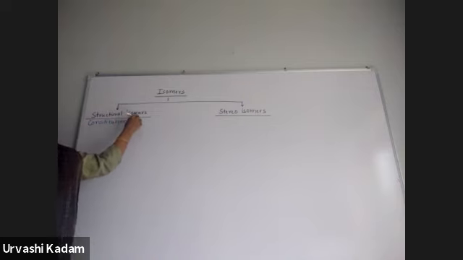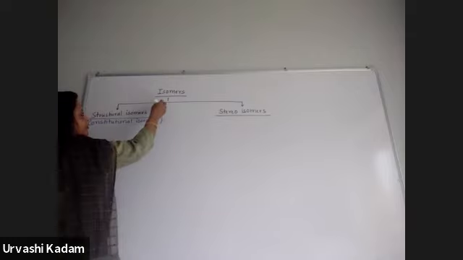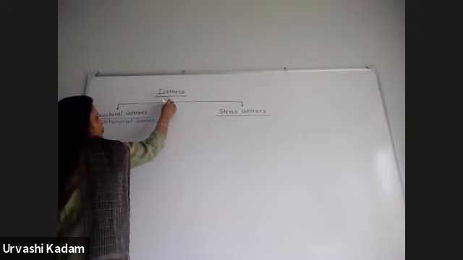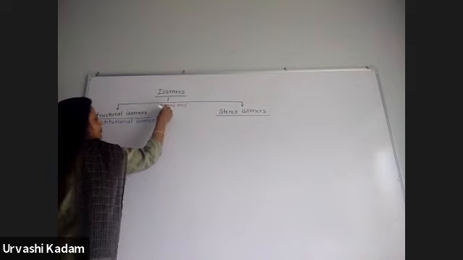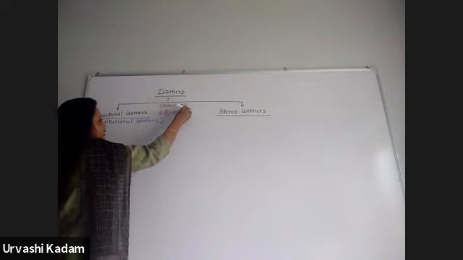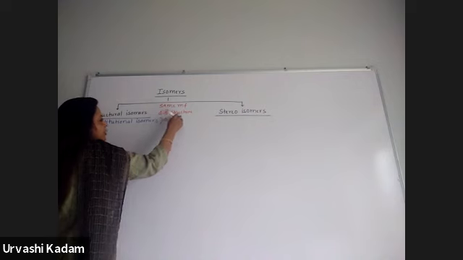Their constitution is different. So structural isomers have the same molecular formula, but a difference in structure. And due to the difference in structure, they will have different properties.